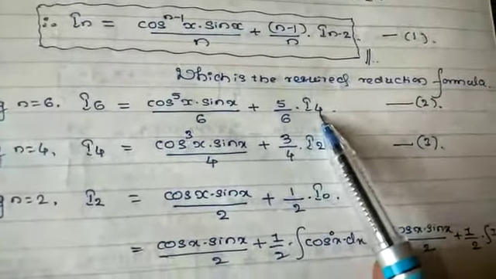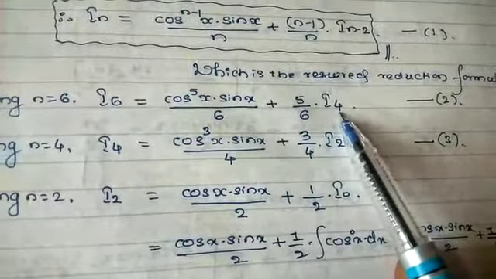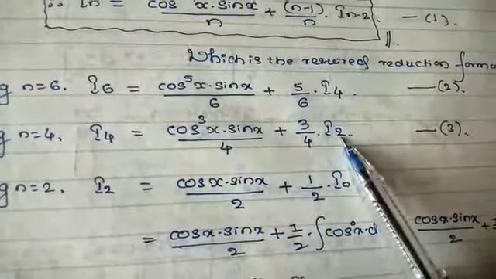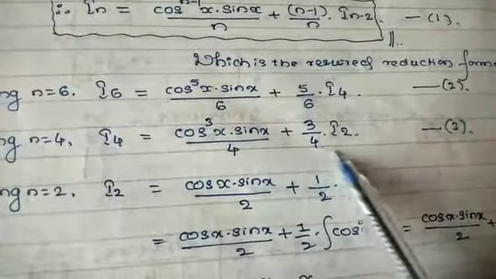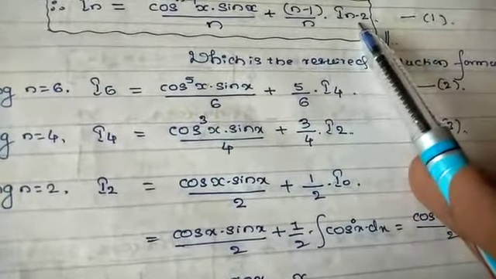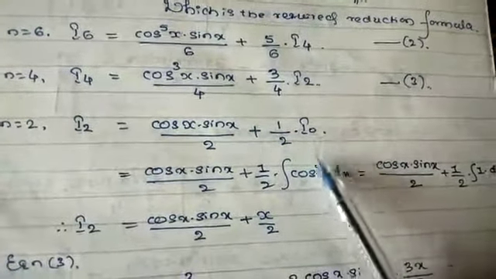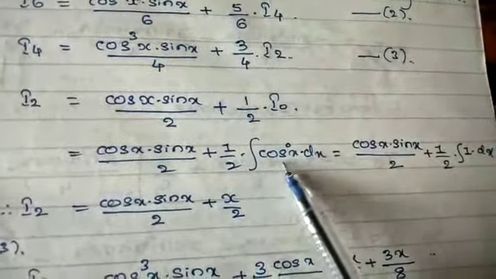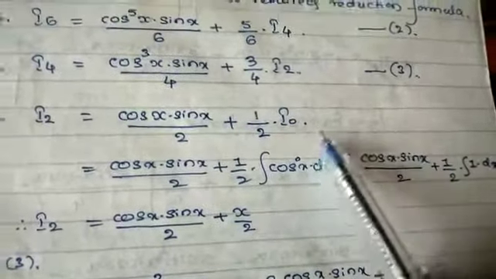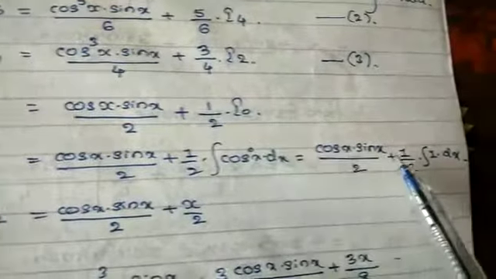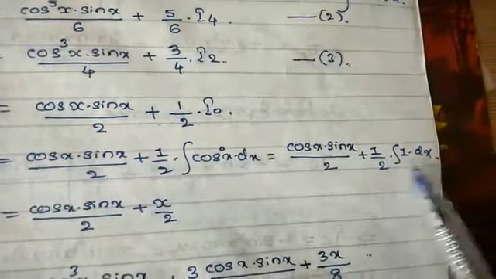So I_4: again substitute in equation 1, 4 minus 2, that is 2. Again, to calculate this I_2 value, substitute in equation 1, 2 minus 2, so it becomes I_0. I_0 means the given integration cos raised to 0 x, so in place of n we put 0, anything raised to 0 is 1, with respect to x, so it becomes x.